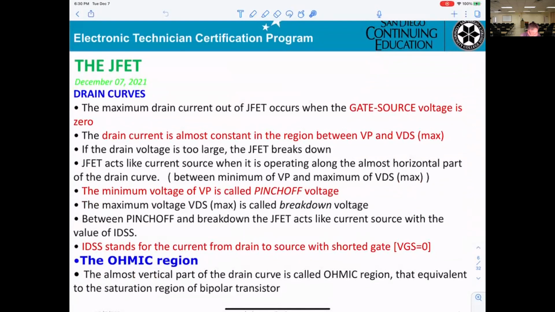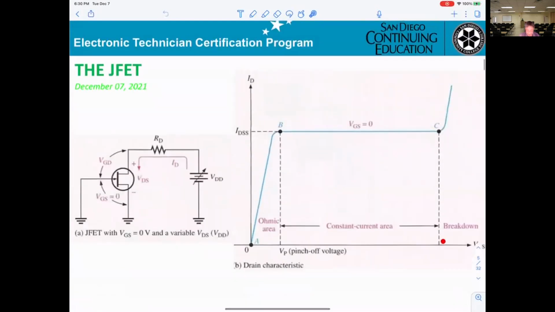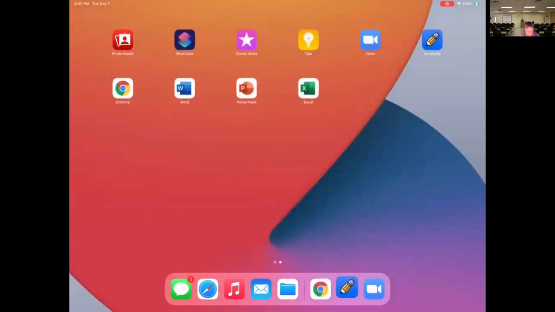If the drain voltage is too large, the JFET will break down. That means right here, if you keep changing that voltage, there will be a breakdown. We don't want that.